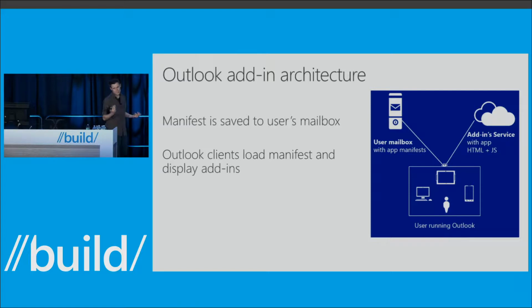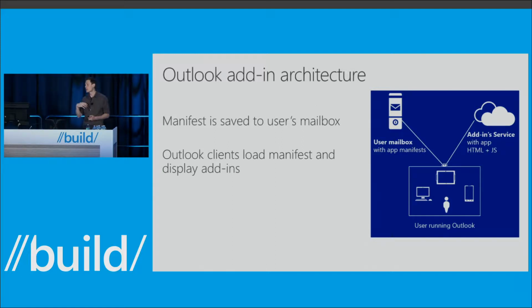The manifest, it's an XML manifest, and it describes how the add-in integrates into Outlook, such as when it appears, what permissions it can use. But it also has a very important pointer to where this HTML is actually living, where it's hosted on the web. And it is that manifest that's actually saved to the user's inbox.